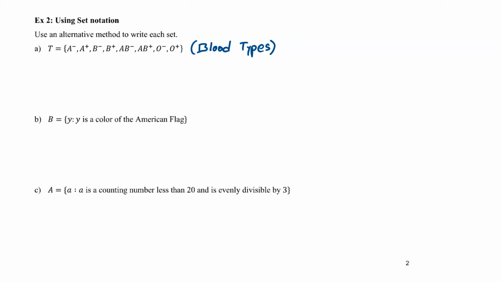So another way we could write this set, using the same letter to represent the set, but rather than listing out all of those types, we can just indicate what our condition is. So this would be the set of x values such that x is a blood type.